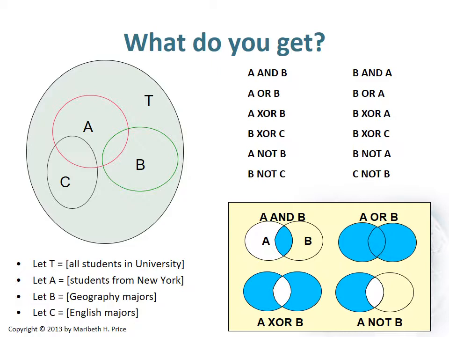You can do this yourself at home by pausing the animation here or pausing the video and just taking a look at the data universe that we have on the left and those relationships that we're showing with the essentially Venn diagrams, showing the overlaps between the different sets, and then looking through that list of applied operators and knowing what the operators do, which is a summary of it in the other graphic, and then make sure that you understand what AND, OR, XOR, and NOT would do given those particular operations, the sequences, A and B, B and A, B not C, etc. So make sure you understand what these things are doing before you leave this slide.